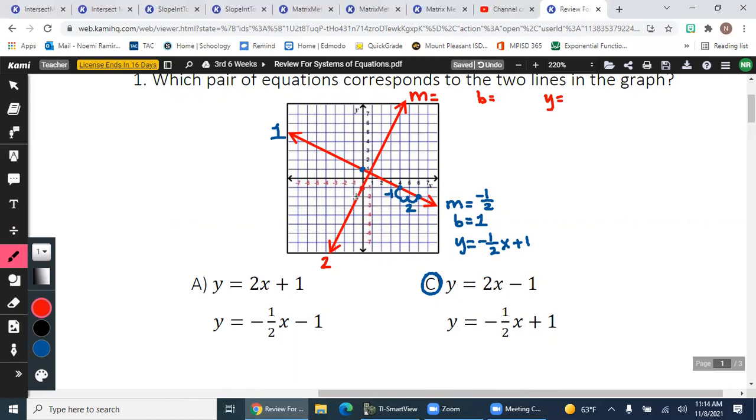B is my y-intercept, negative 1. And you can also find two good points to find the slope, and we're going up 2, right 1. So 2 over 1 simplifies to 2. Y equals 2x minus 1.